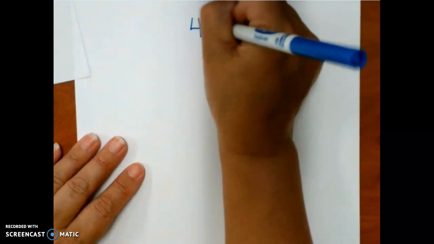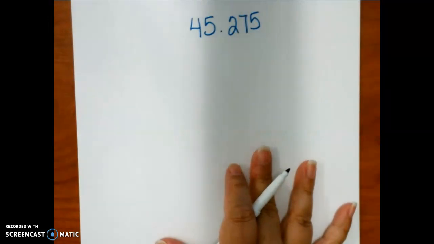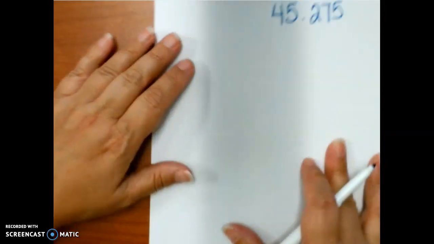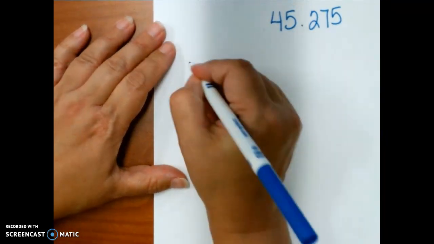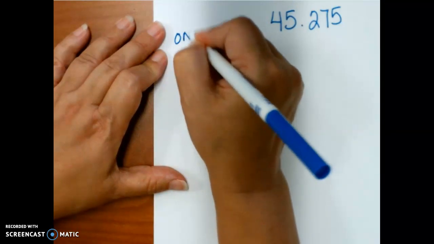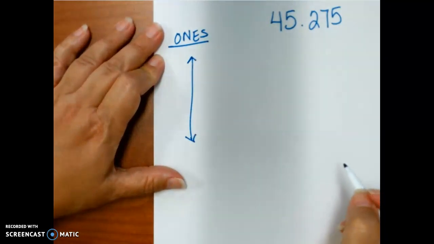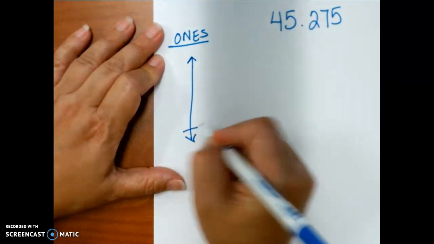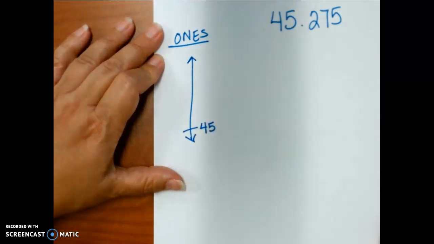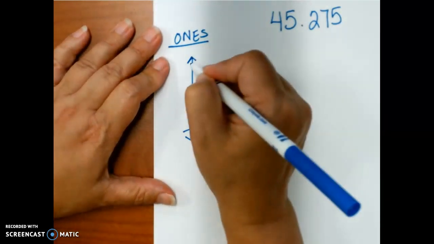Now, if I have 45 and 275 thousandths, and I'm going to round it to the nearest 1, the nearest whole number. So now I'm rounding to this place value. And I'm going to do a bunch of these on here, so I'm going to label them. So to the ones place, how many ones do I have? I have 45 ones. That's the bottom of my number line. What's one more than 45?